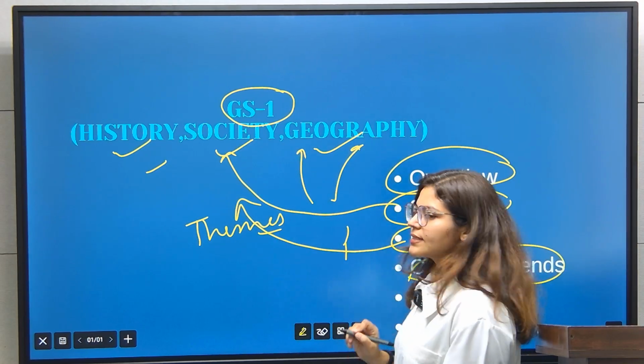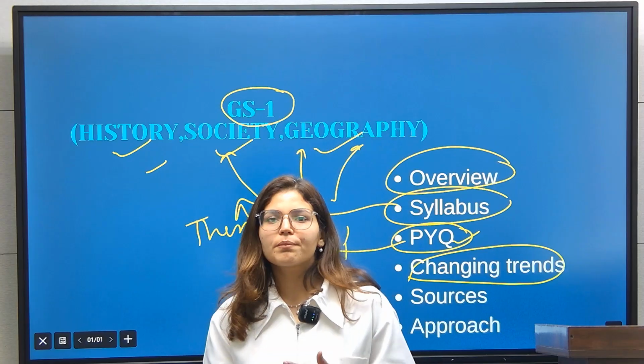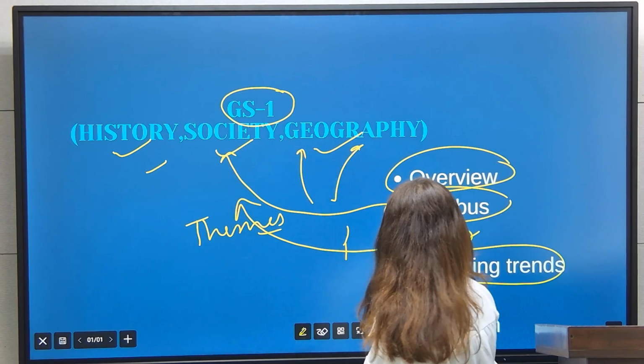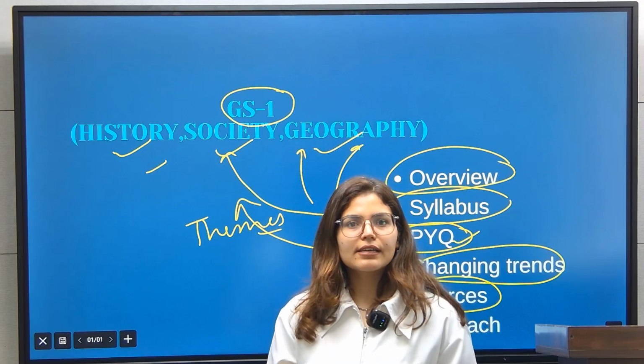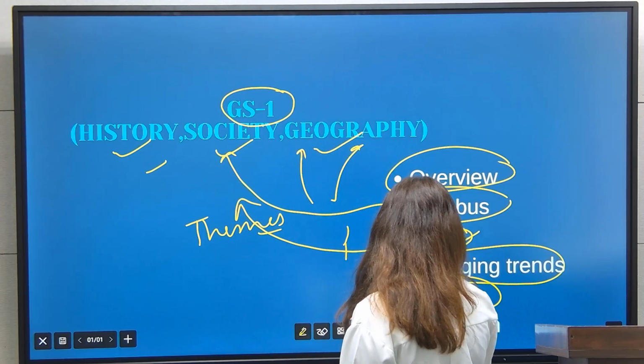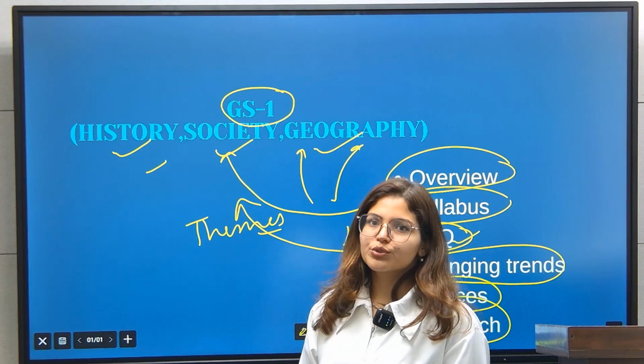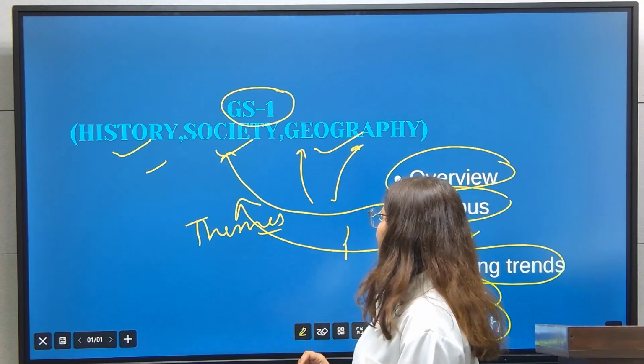We will also see the changing trend of PYQs from the past 10 years, what sources you have to follow for society, history and geography, and what the right approach is to deal with the GS1 examination.